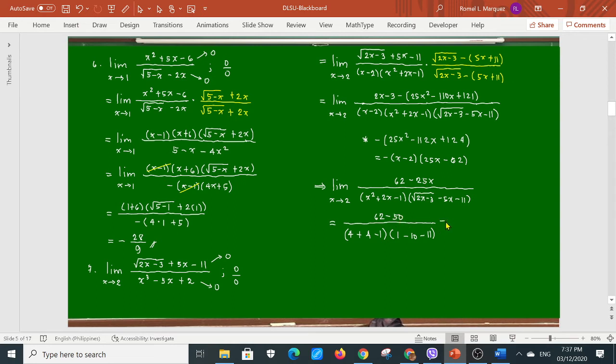What's now the limit? 12 over, what's the denominator? 20? Sigurado? 28? Let me check. So, 4 plus 4, 8 minus 1, 7 times 1 minus 2, 10 minus 11.